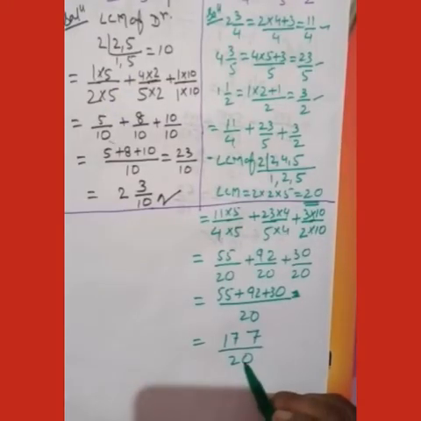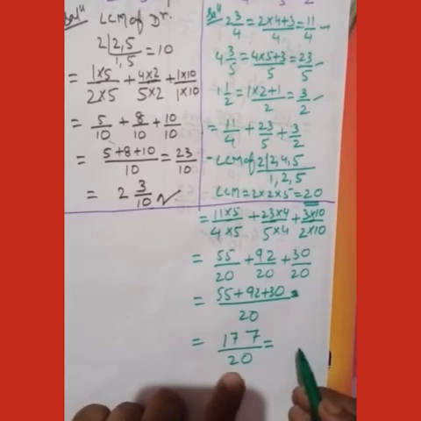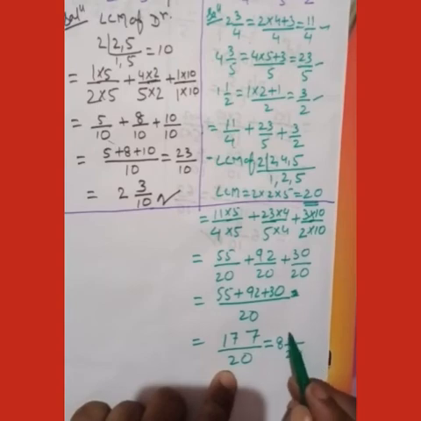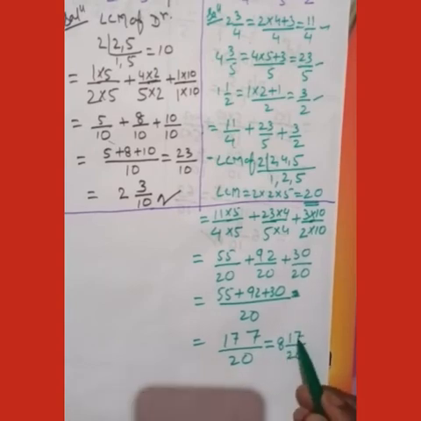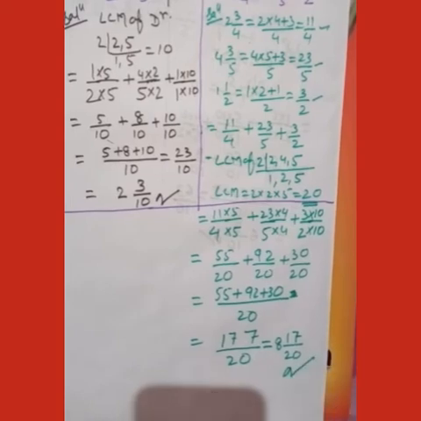While dividing 177 by 20, how much will you get? See here, 8 times 20 is 160 and remainder 17, so 8 17 by 20 is our answer. Like this we used to do, okay student.